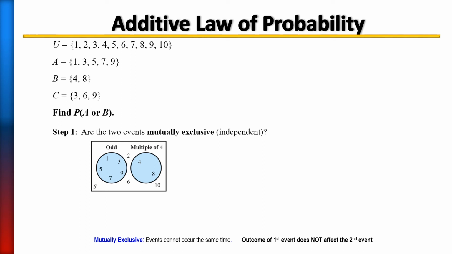And then all the other numbers in the universal set are on the outside. However, just focusing our attention on sets A and B, they have nothing in common, so therefore these are 2 mutually exclusive events. So all we have to do is simply add the probability of event A and then add the probability of event B.